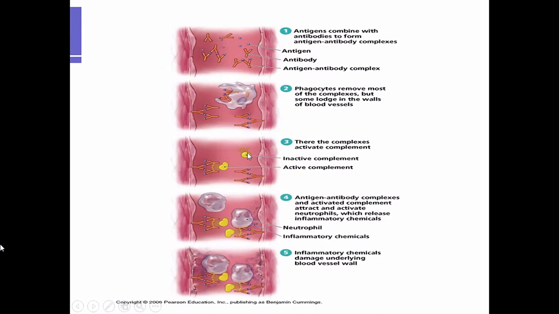So these complexes will activate the complement system, and you know that once there is activation of the complement system, there is inflammation. So the antigen antibody complexes and activated complement will attract the neutrophils, which are now responsible for the release of inflammatory cytokines, causing now damage in the blood vessel wall.